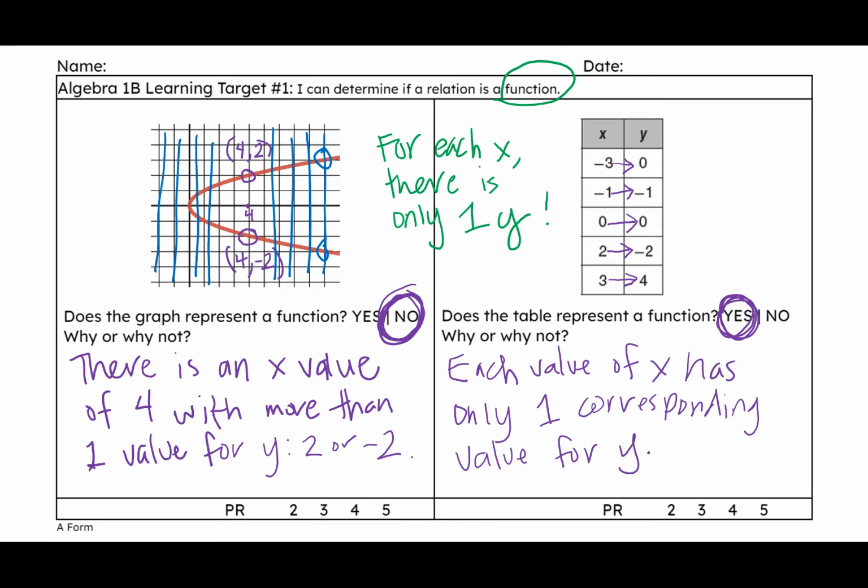In this case, you have to check all of them. In order to say yes, it has to work in the entire table. But if you were to say no, then there is at least one case where there's an x that has multiple y answers. So for each x, there is only one y. That is how you can tell if a relation is a quote-unquote function.